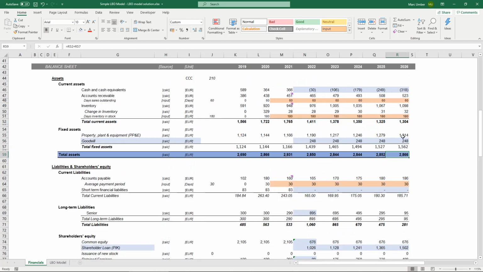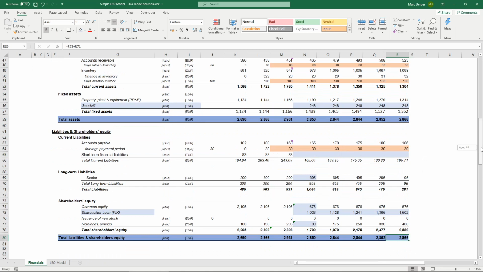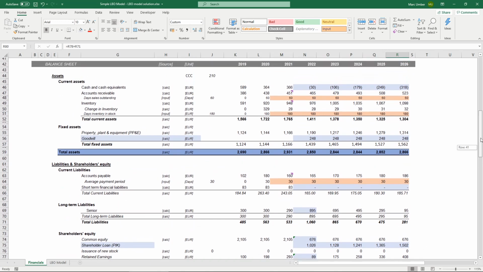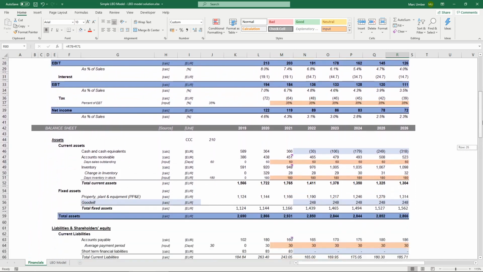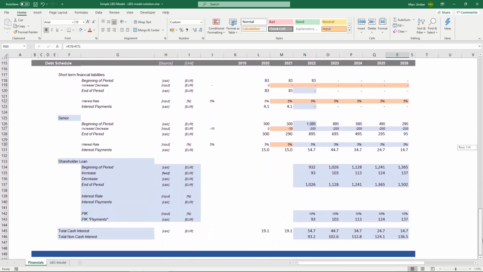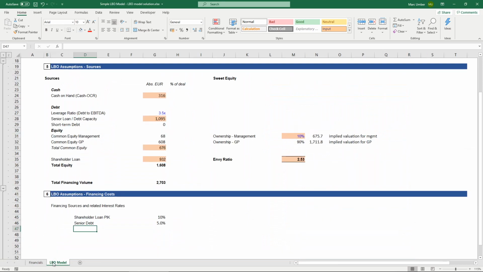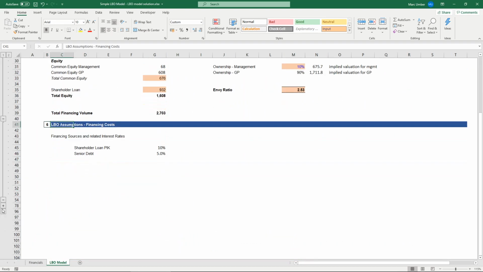Our total assets on the asset side is 2.866, and 2.866 is the sum of debt and equity. So this is the augmented model where all financial statements now are linked to our LBO transaction. And now we can continue to build our LBO model to make some financial decision making.